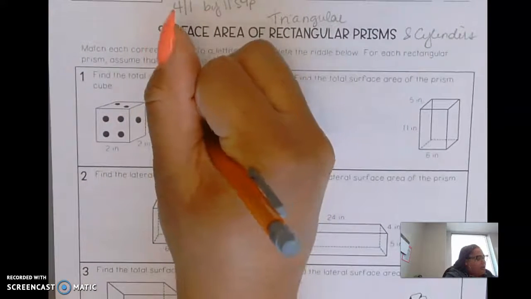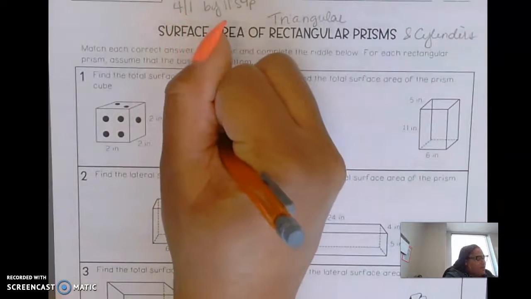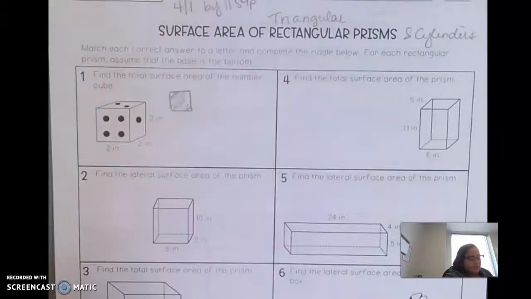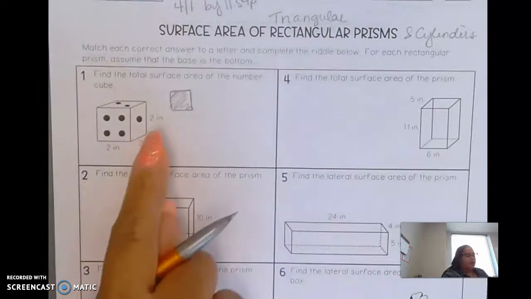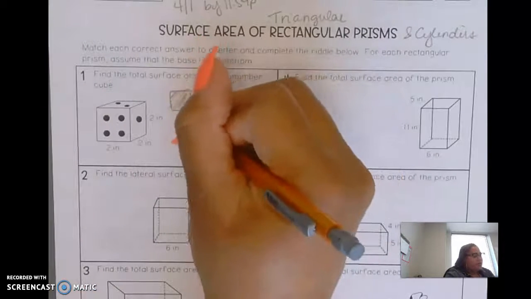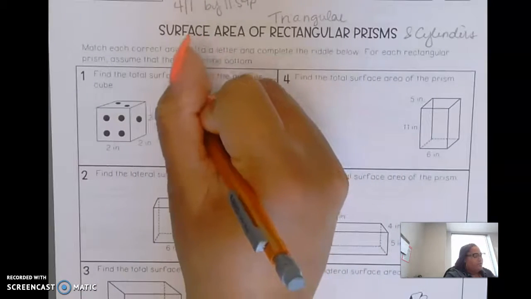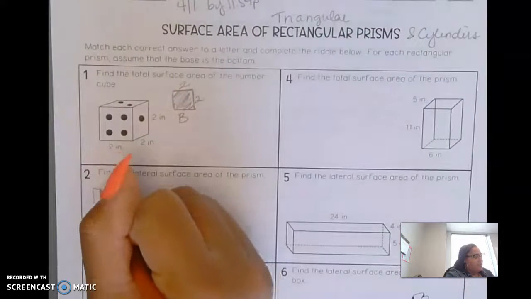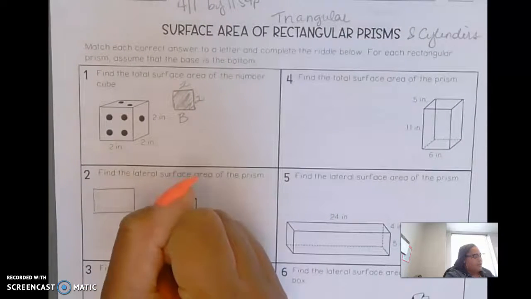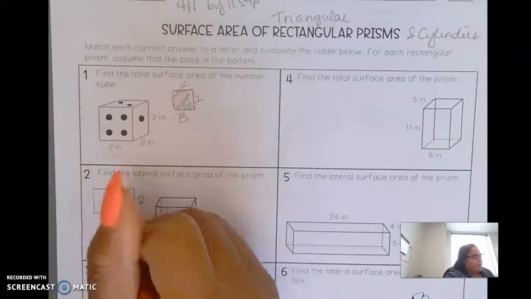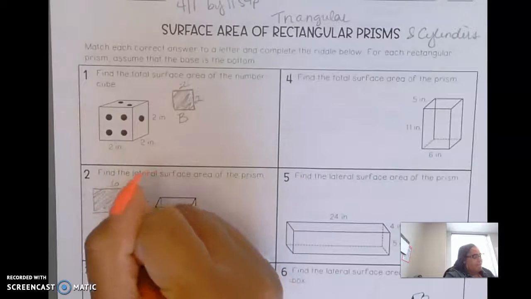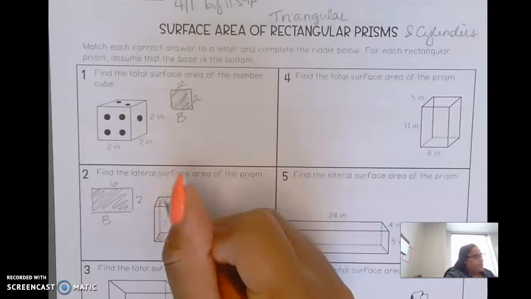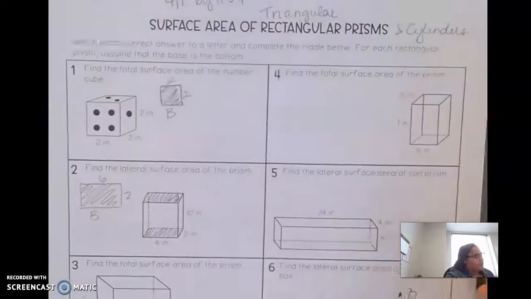And I am just going to draw my base over here just to give myself a visual, because it's kind of hard to see it with the number cube there. So this is a 2 by 2 square, and this is my big B. This one is a 6 by 2 rectangle, and this is big B. And I can shade it in down here and shade it in up here.